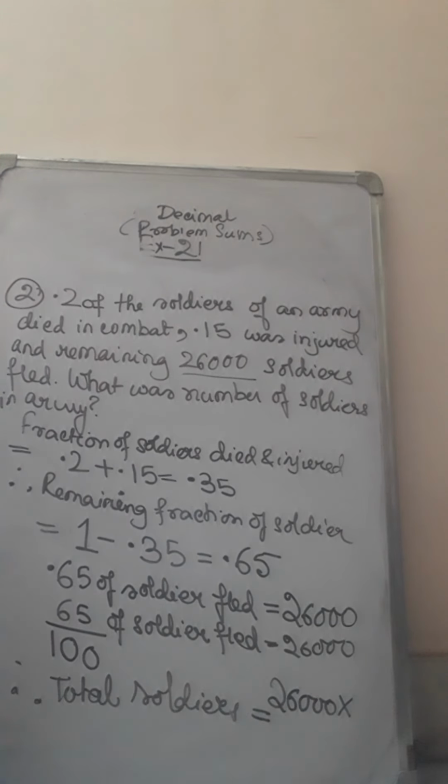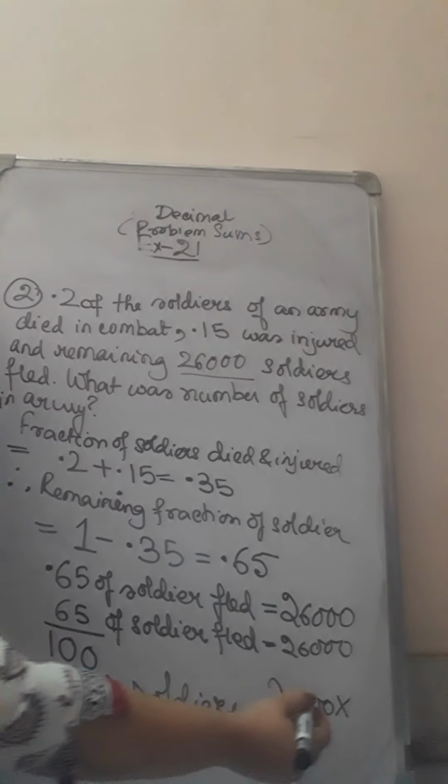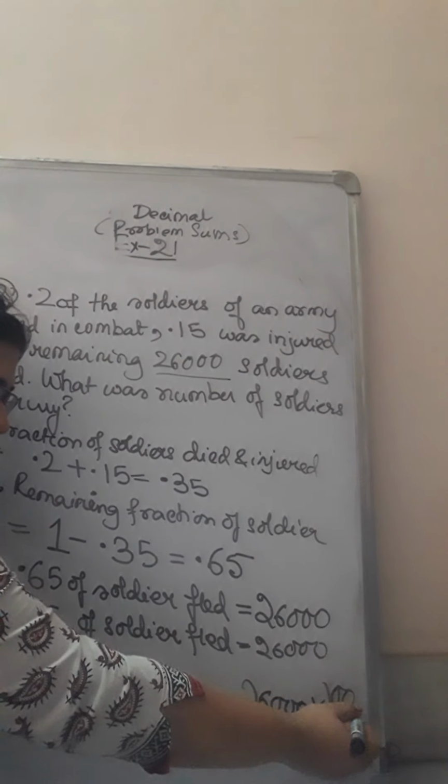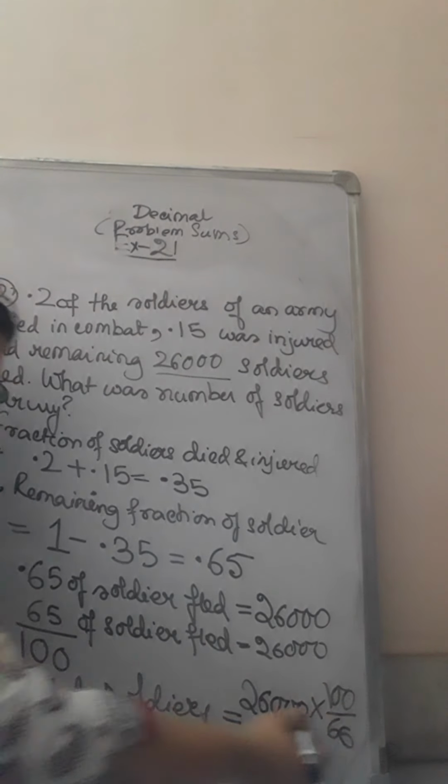Greater than one means the numerator is greater than the denominator. So 65 by 100 is a lesser fraction, because the numerator is the lesser number and the denominator the greater. But if I convert it into a greater fraction, I can take the reciprocal, 100 by 65. It will be a greater fraction because the numerator is greater than the denominator.